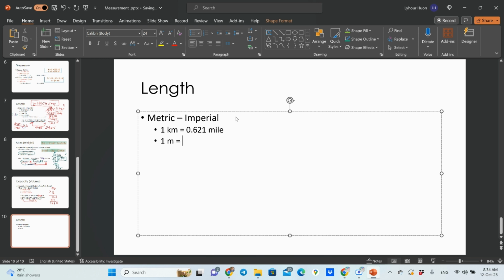1 meter equals 1.094 yards. Oh my god, yards.